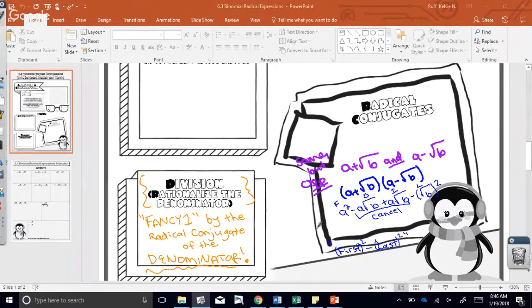So we fancy one by the radical conjugate of the denominator. When we multiply the denominator by its radical conjugate, we can use our shortcut: the first term squared minus the second term squared. If there's more than one piece on the top, however, we're going to have to go through the whole entire FOIL process.